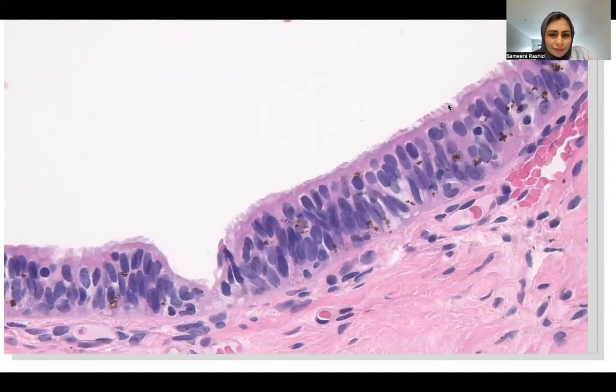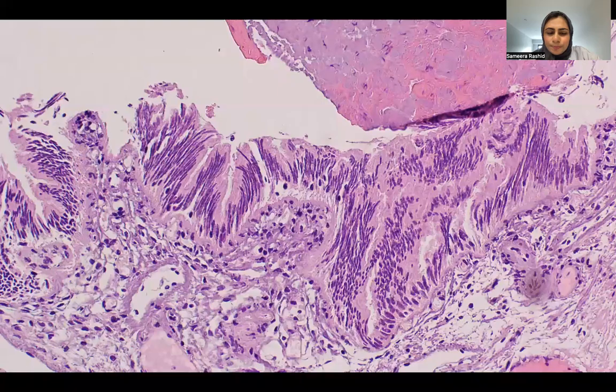It's all ciliated, a bit overcrowded. It's not a single cell layer. However, the cells are not hyperchromatic and they are polarized, orderly arranged. So this is tubal hyperplasia. Rarely it can mimic intraepithelial carcinoma. So we will keep that in mind.